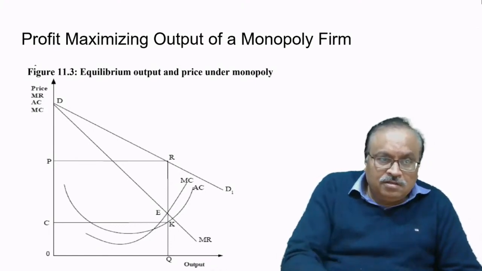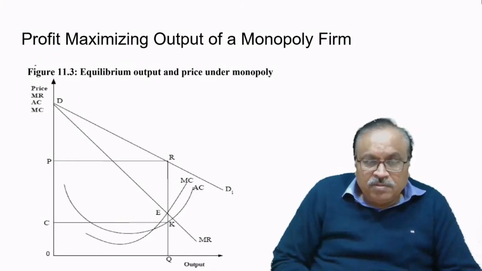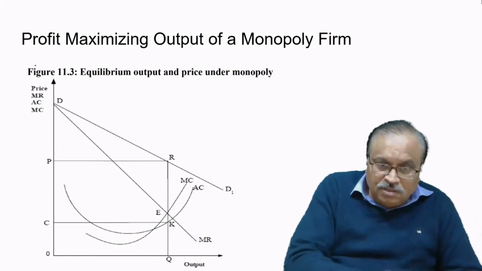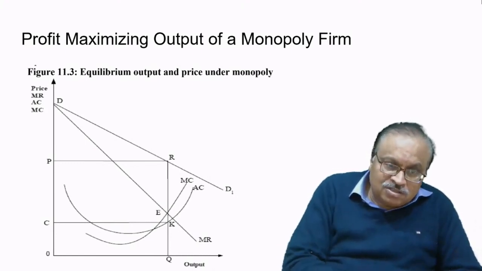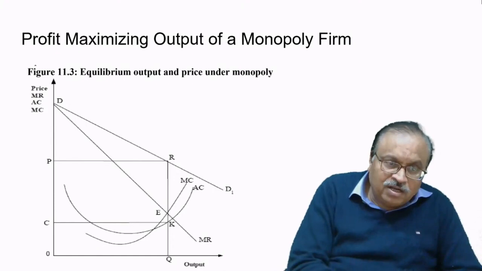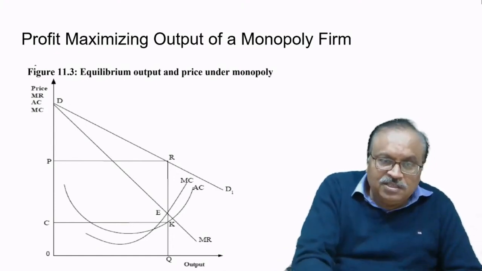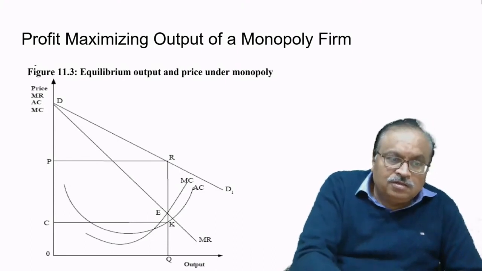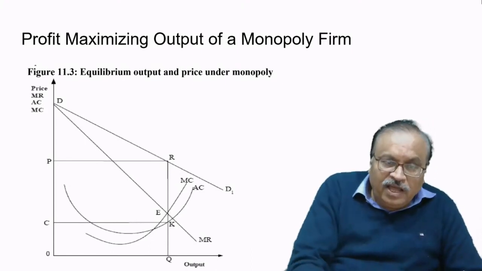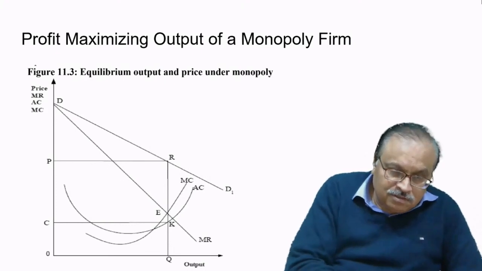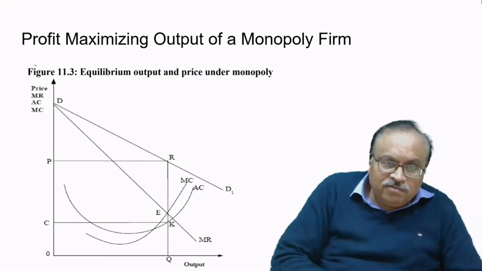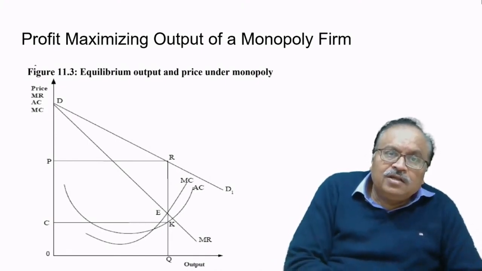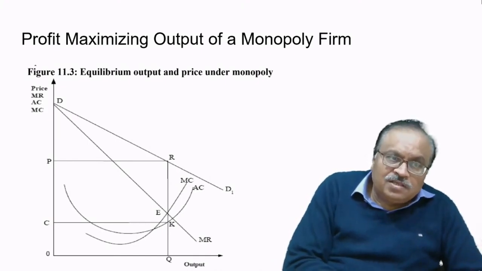Then the demand states that at the price P, the demand is R. Since the marginal and the average costs affect the demand curve, for maximum revenue, things will have to be worked out at a new level, and therefore the equilibrium is obtained by way of output and price under monopoly.